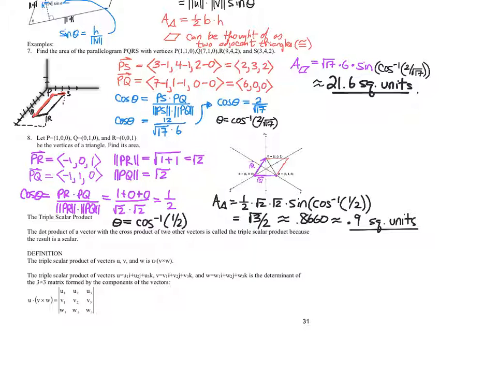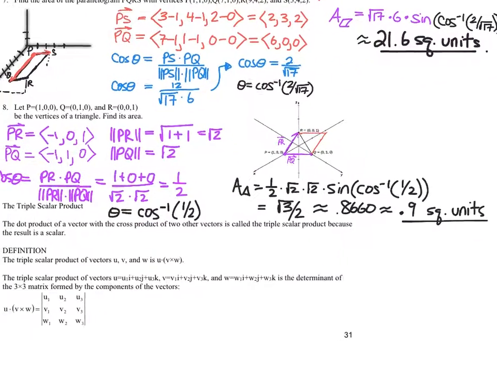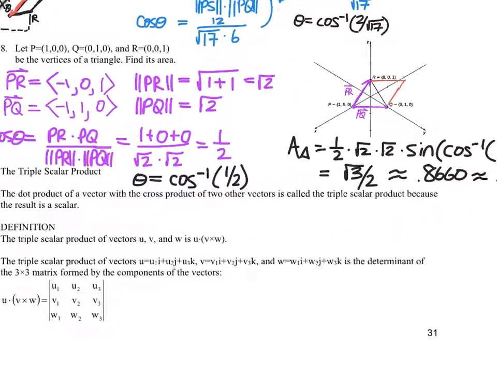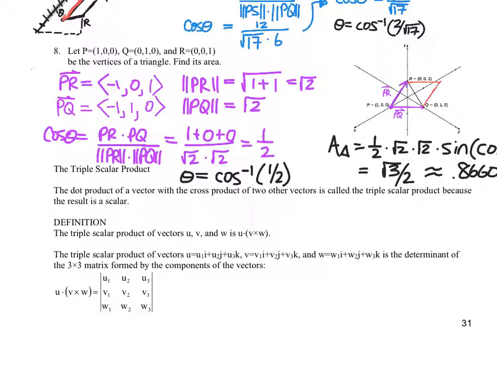Triple scalar product is kind of fun. You can see that you're dotting against a cross product, which is kind of interesting to think about. But really what you're doing is finding a determinant.